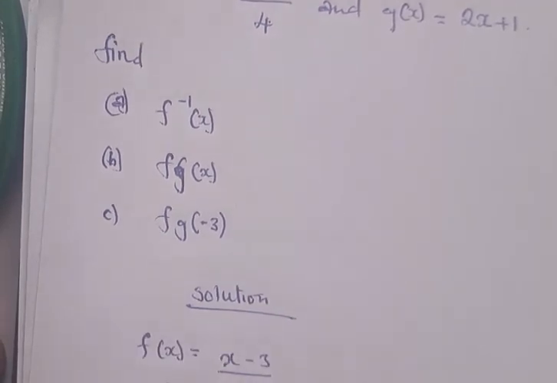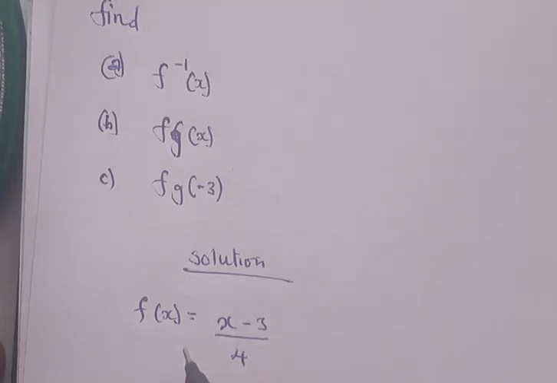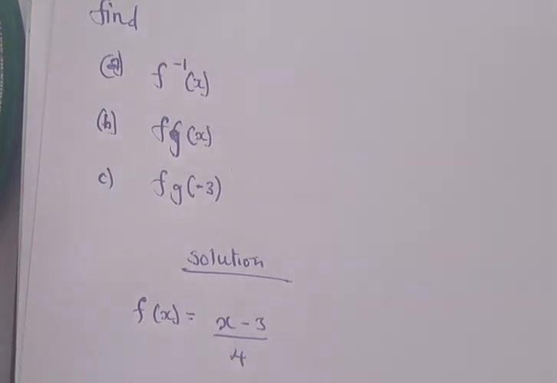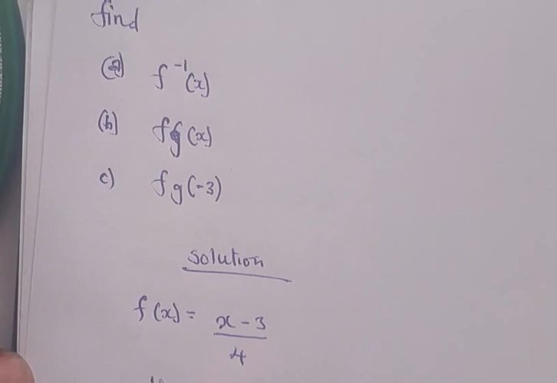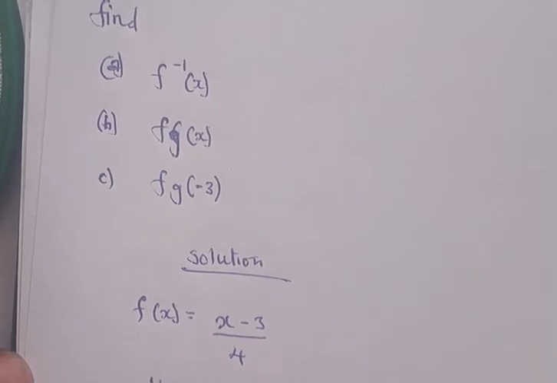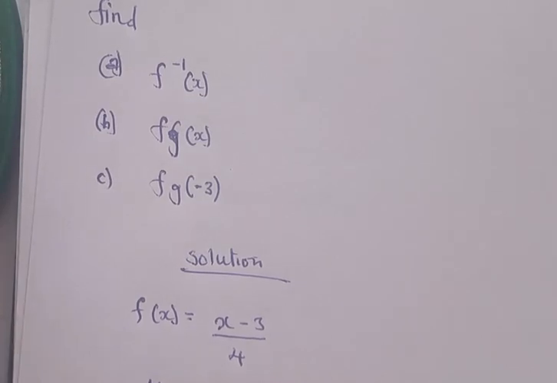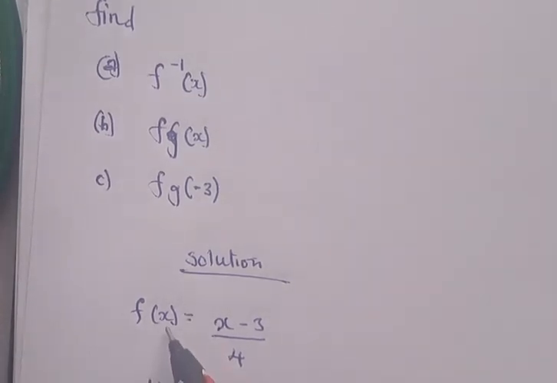Remember I said let this part be y, so we're just substituting. We're going to make this y is equal to x minus 3 over 4. So we just let this part here be equal to y.